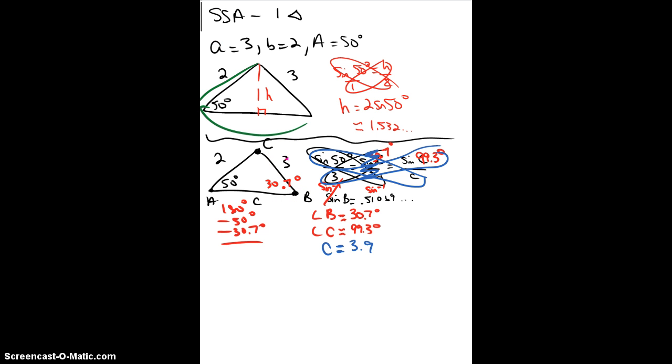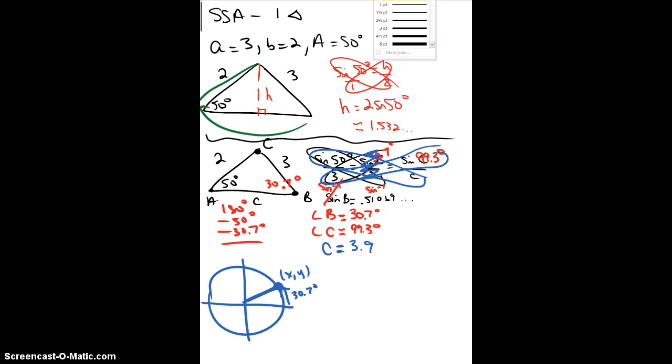But again, I should be expecting two answers. Anytime I do inverse sine, I realize that on the unit circle, there's not just one spot where that happens. So when I did inverse sine, I got this angle right here, and that angle was 30.7 degrees, and there's a value there, an xy coordinate, and there's a mirror image of that on the other side.